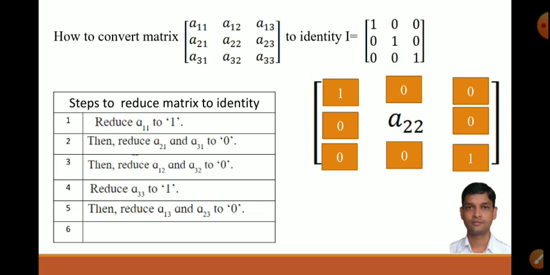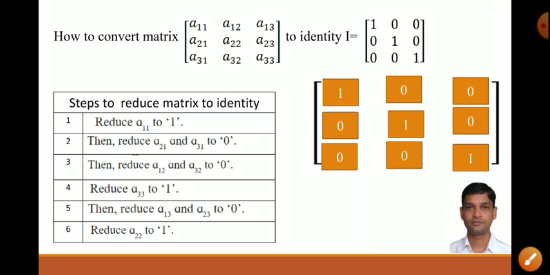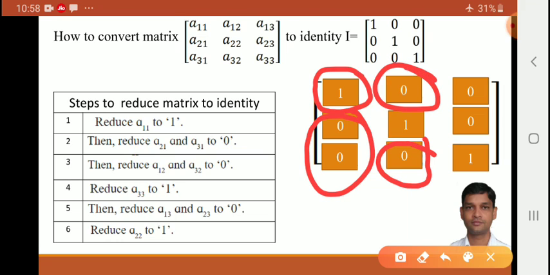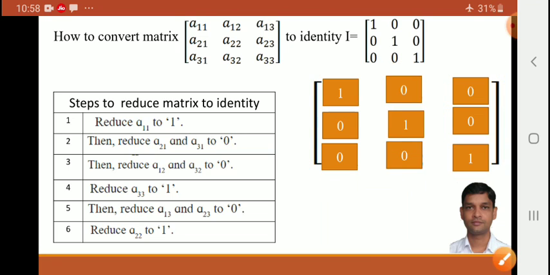Lastly, in the middle you have to adjust 1. So, first adjust 1 here, then these two zeros, then this 0, then this 1, then these two zeros, and lastly 1 here. Okay, so we will see one problem.